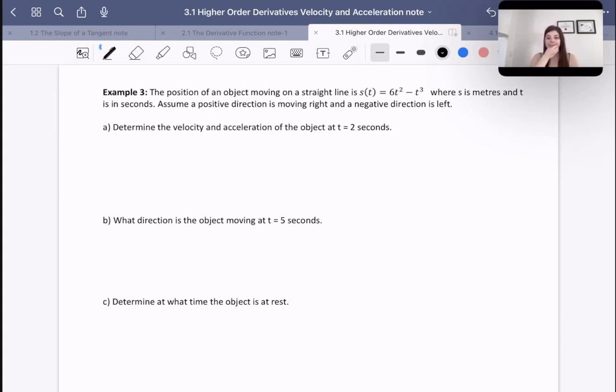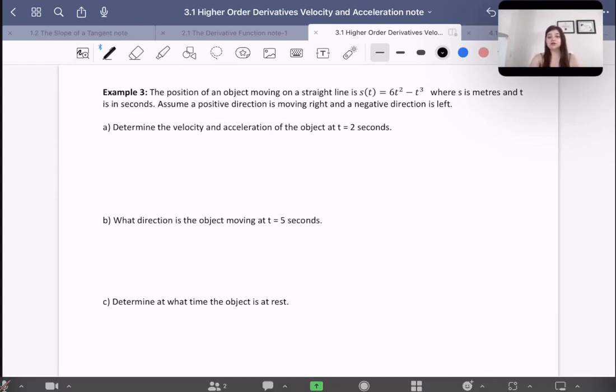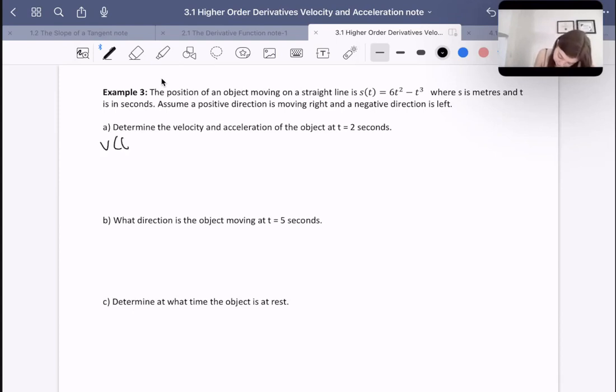Very good. Okay, so let's answer the first part of this question, which says determine the velocity and acceleration at t equals 2 seconds. Well, first we have to find the general velocity and the general acceleration if we are to find them at 2 seconds. The general velocity is equal to the first derivative, and the general acceleration is equal to the second derivative.